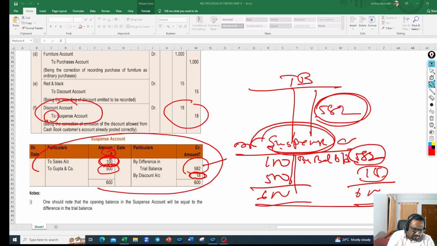So as soon as the suspense account is prepared, you should make sure that your suspense account is tallied and there is no balance being carried forward. You should not carry forward any balance in suspense account. The minute you carry forward any balance in suspense account, that means you did not rectify the entries correctly. That is the assumption people will take.